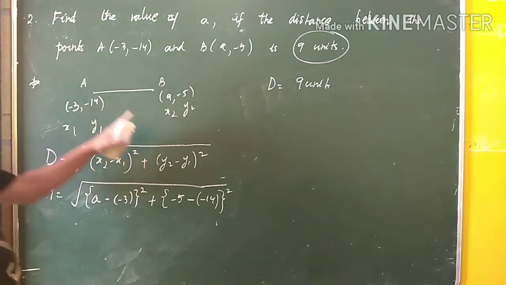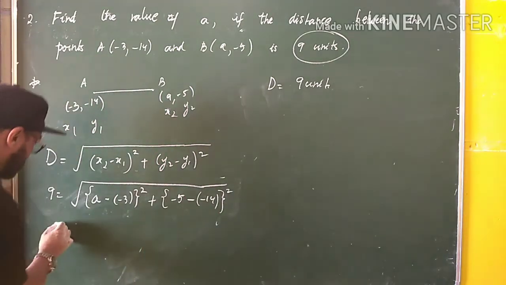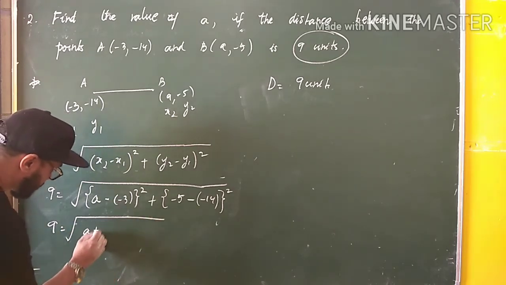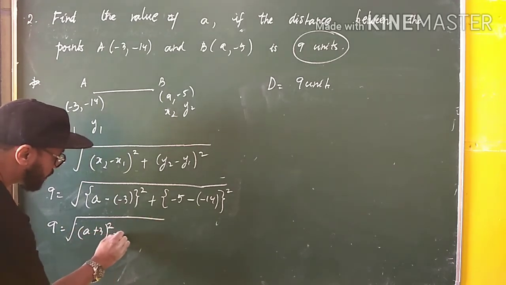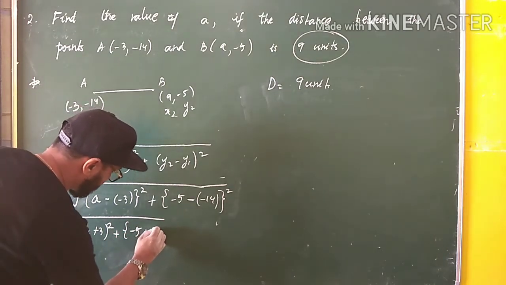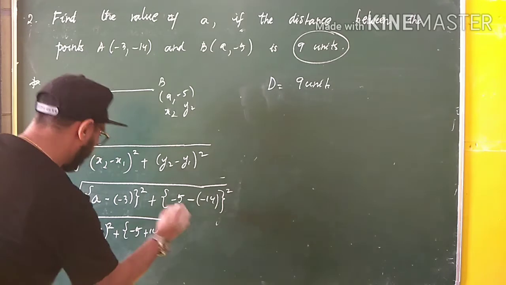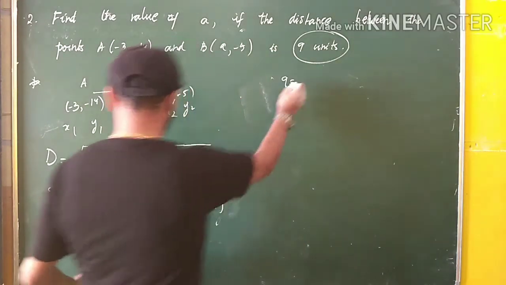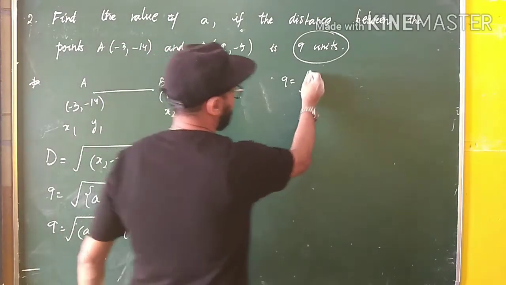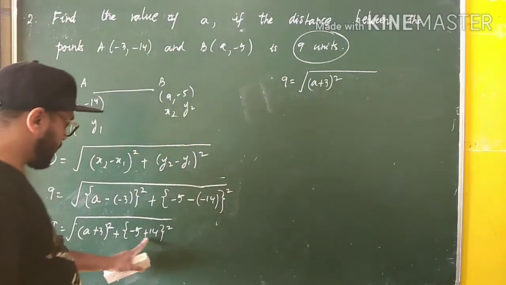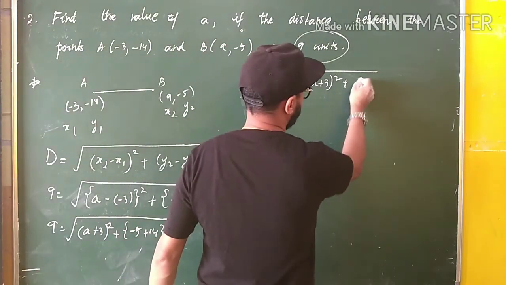If the values are negative, always use brackets. So 9 is equal to root under (a minus into minus is plus 3) whole square plus (-5 minus into minus is plus 14) whole square. So 9 equals root of (a plus 3) whole square plus (14 minus 5, which is 9) whole square.